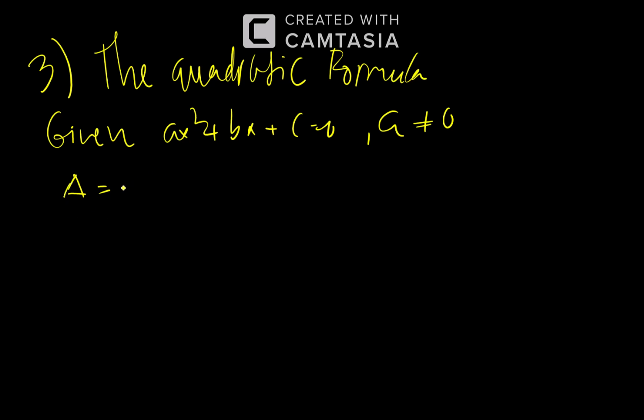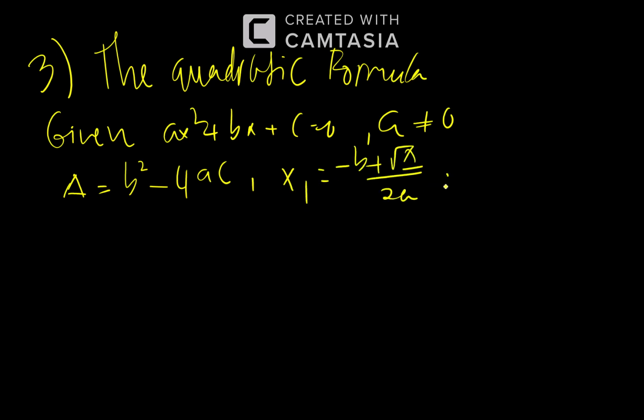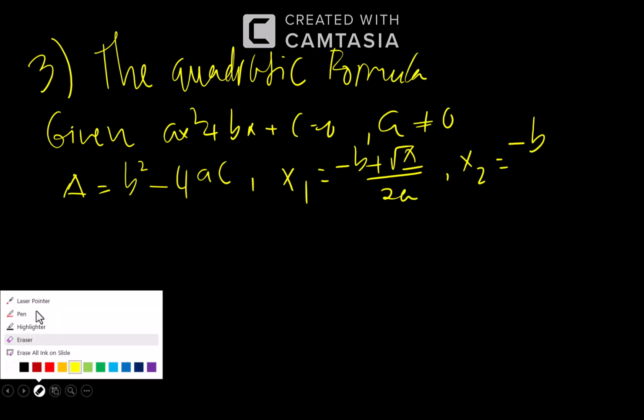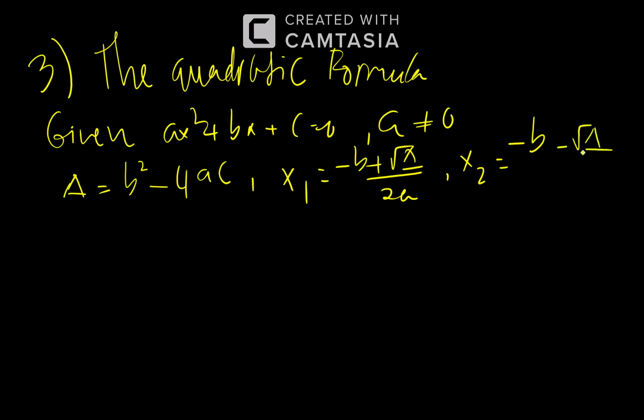What is the value of delta? Delta equals b squared minus 4ac. When we recognize the values of a, b, and c, we can find delta very easily. And now x1 equals minus b plus the square root of delta, over 2a, and x2 equals minus b minus the square root of delta, and the denominator is 2a.